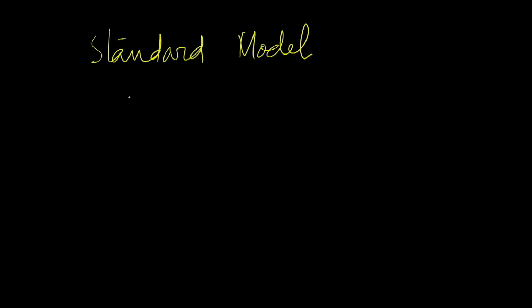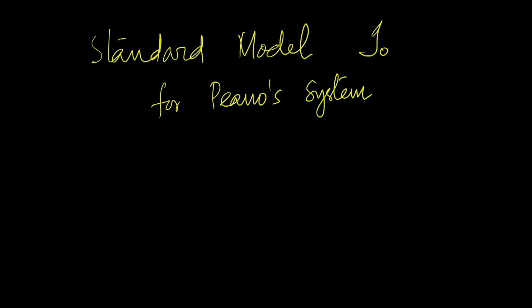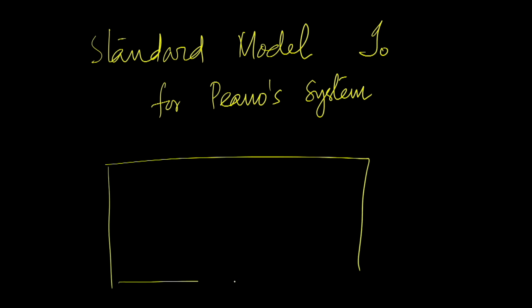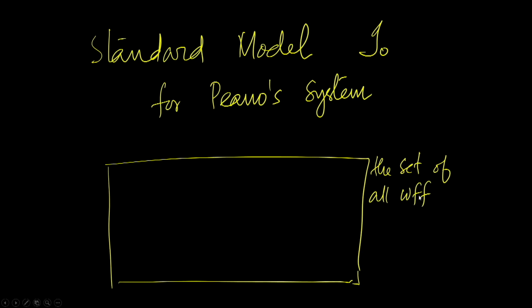But there are some remaining questions. Consider the standard model I naught for Peano system. This is just one interpretation, and in this one interpretation, suppose this rectangle represents the set of all well-formed formulae or syntactically correct formulae.